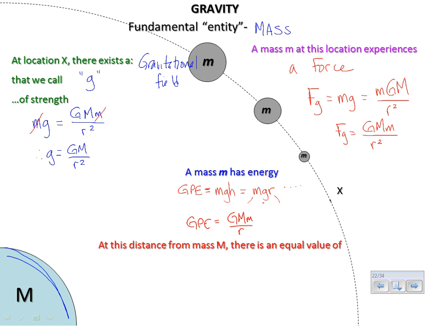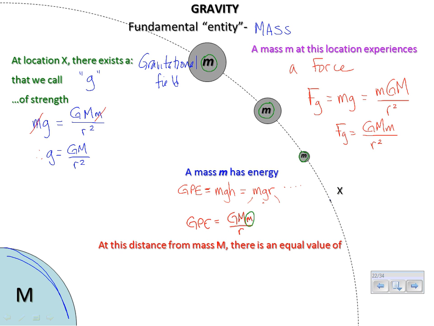Now, what if we put different masses at that same separation from big M? Well, they all have different values of gravitational potential energy, right? Because our values of m here are all different. Our biggest m here has a big potential energy. Our medium size m has a medium potential energy. Our small m has a small potential energy.